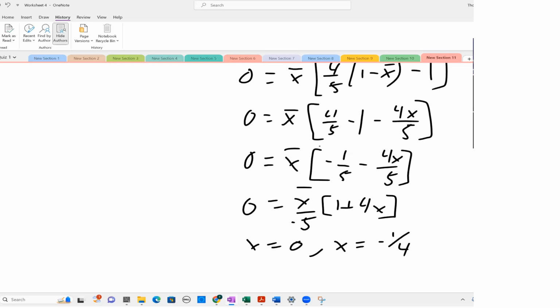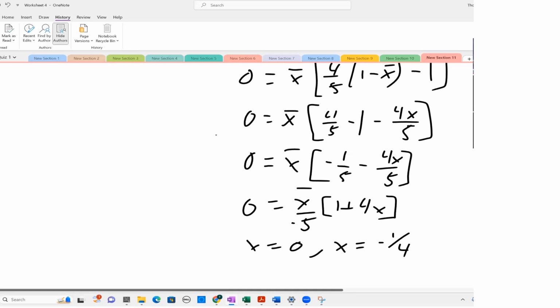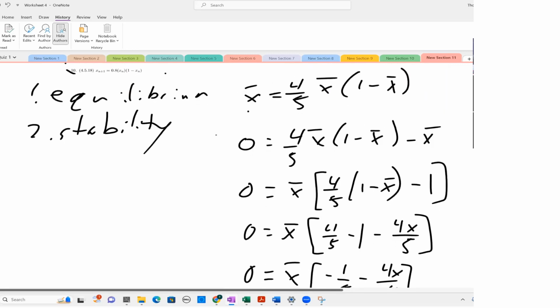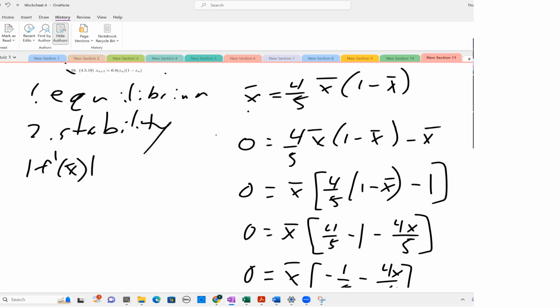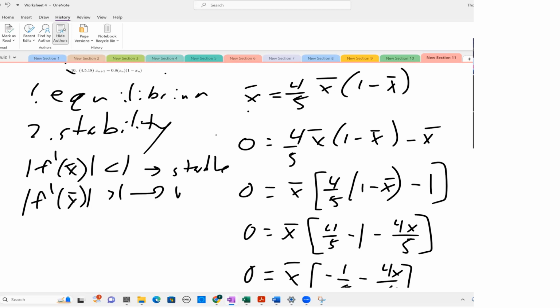And in order to determine that, we use one of two ideas for stability or instability. If the absolute value of the derivative of f at x bar is less than 1, then we're stable. If the absolute value of the derivative at x bar is greater than 1, then we're unstable.